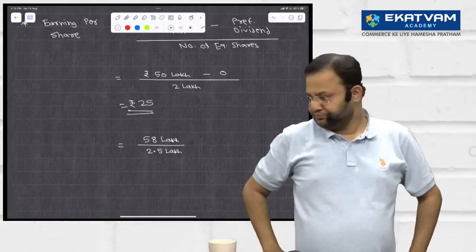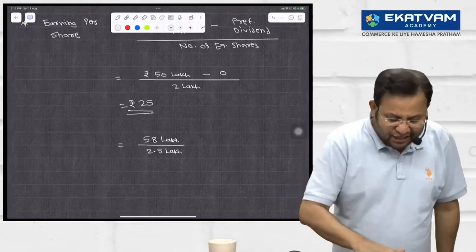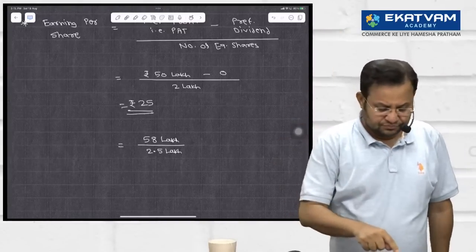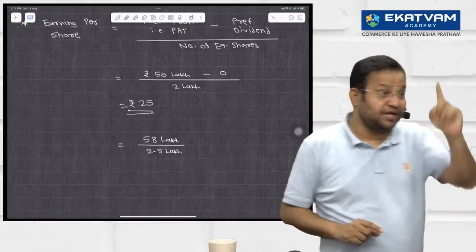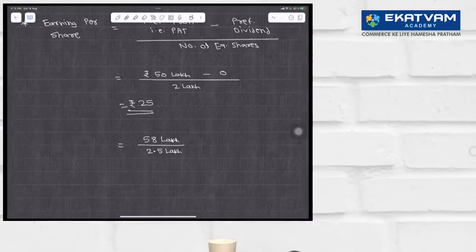Bouncer. What is the actual profit in the P&L? I want a response from everyone, including the last bench. What is the actual profit? What is the actual number of shares? So what is the profit per share?